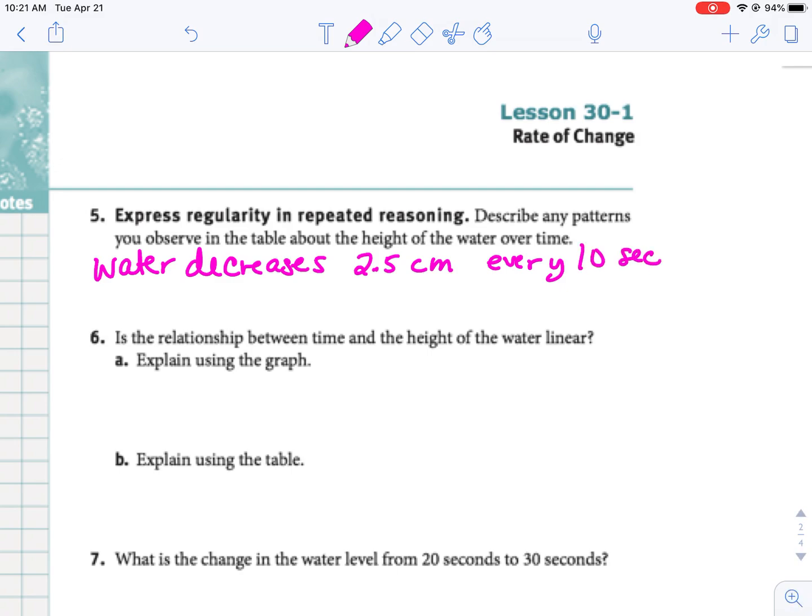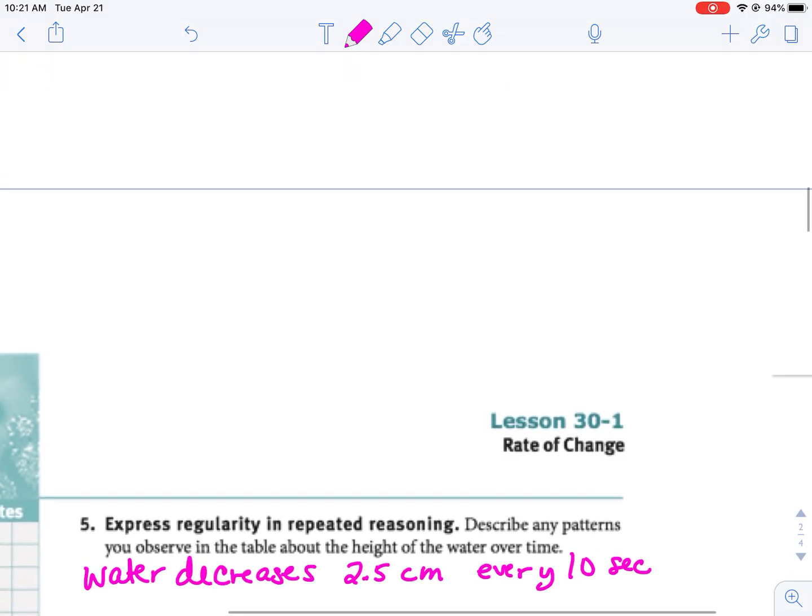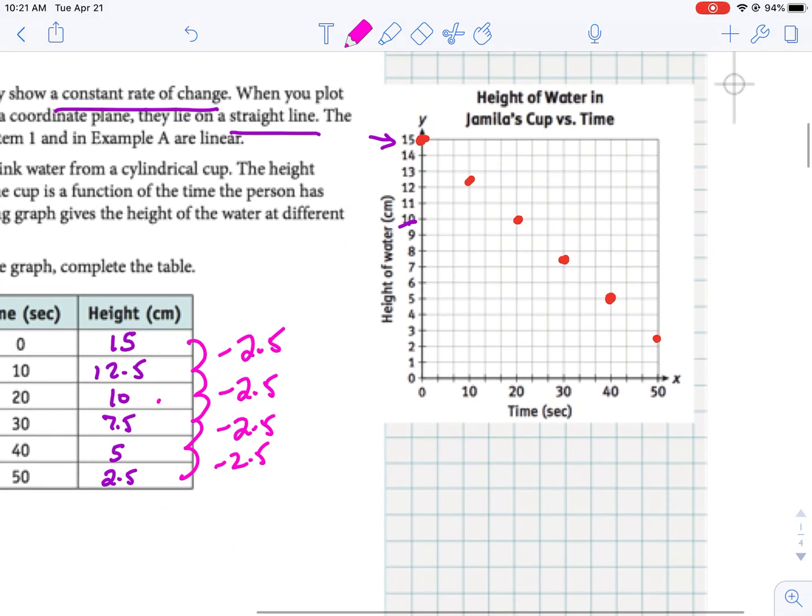Okay, and then it says, is the relationship between the height and the time of the water linear? And they want us to explain using the graph and then also using the table. So we can look at the graph. And again, to look at the graph, we just need to look at what's happening with those points. And we know it goes down 2.5, and then it goes over 10 seconds. It goes down 2.5 over 10, down 2.5 over 10, and that pattern keeps going.